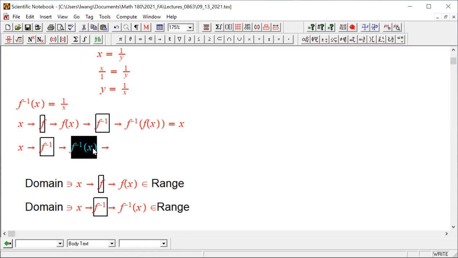Therefore, the function rule can be applied. As a result, we're going to produce f of this, and it's going to be exactly the same as the input.